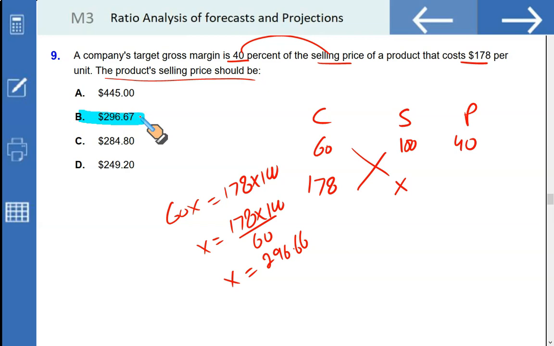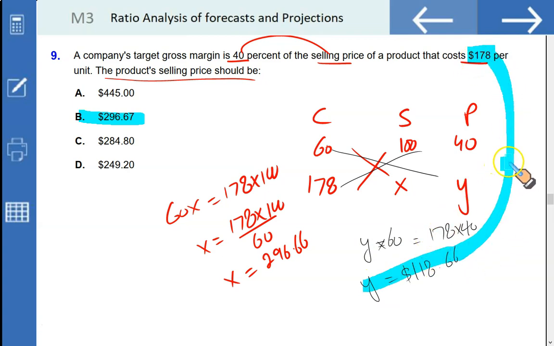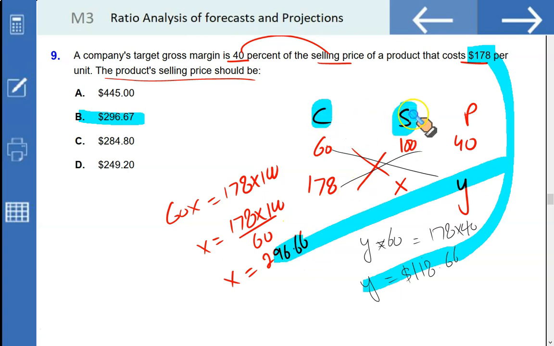Let's say the question required you to calculate the profit, you can call it Y, and in that case this would have been the arrangement: Y times 60 is equal to 178 times 40, and if you simplify, it will give you 118.66. That is your profit. Now let us cross check. If this is the profit and this is the cost, this plus this should be equal to the selling price. Is it? Let's see. 178 plus 118.66. Perfect, 296.66. This will be very helpful, so please note it down.